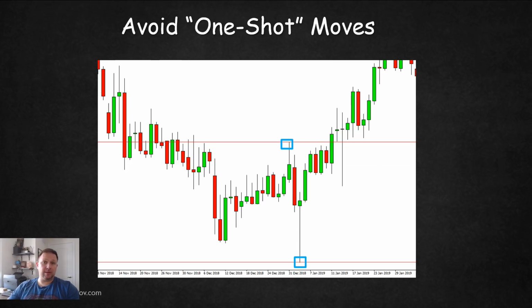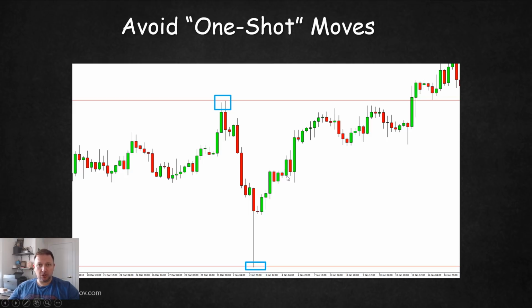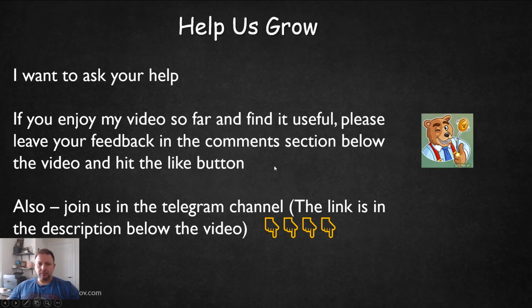And remember, avoid one-shot moves. When you see something like that, you cannot measure any Fibonacci retracement, because the movement on the lower time frames from the top to the bottom would be one straight move, not something that would be helpful for your use. So we want to avoid that.